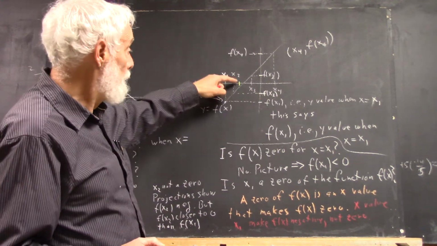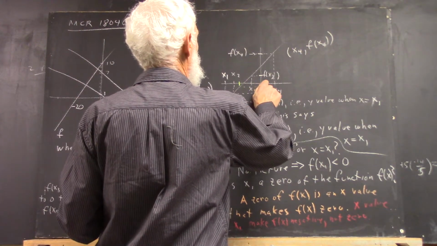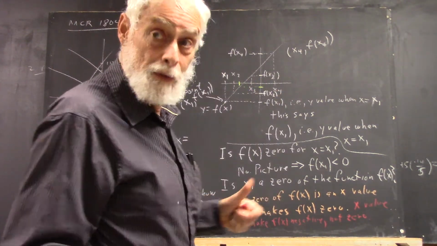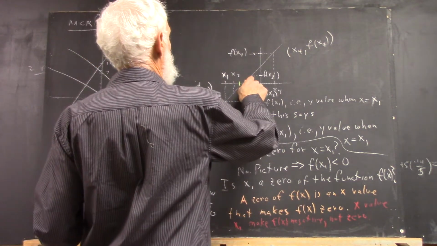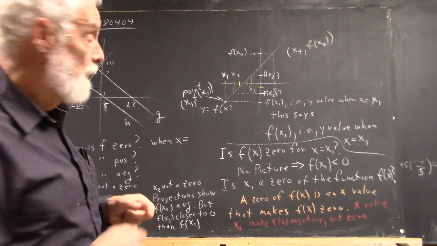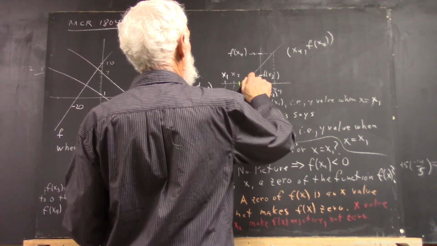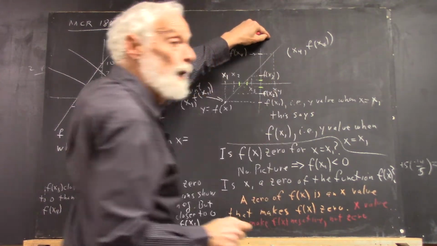The value of f is closer to 0. So we can project down here and see that that's going to be closer to 0, right? And what if we look at a point here? It's positive, and it's closer to 0 than any of the other positives were, right?